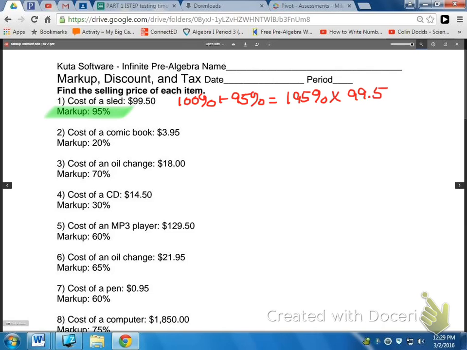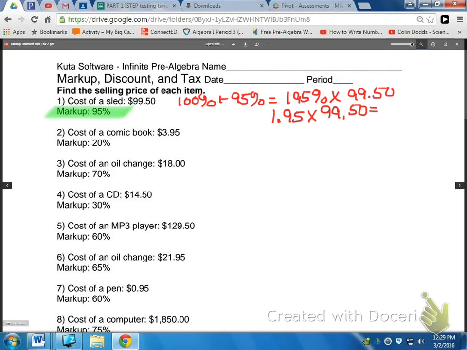$99.50. Now, yesterday when we did percent equations, I made you write the percents as a decimal. What's 195% as a decimal? So you're going to take 1.95 times 99.50. This will give you the actual price that we're going to charge now for that sled.